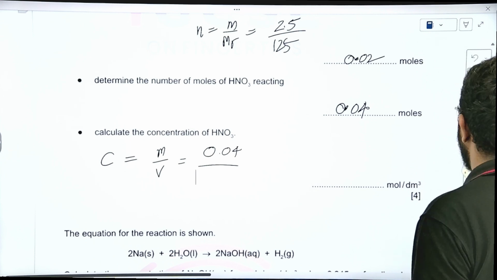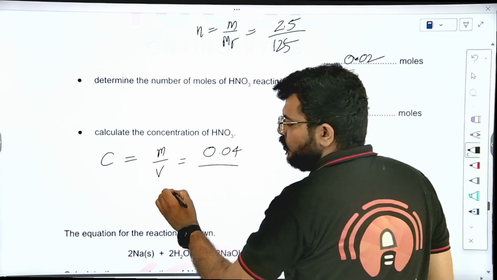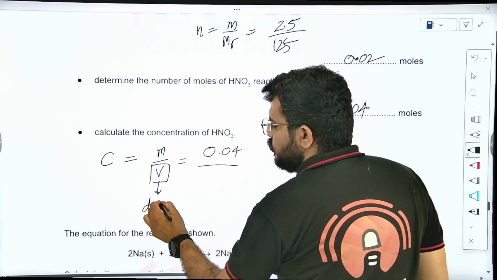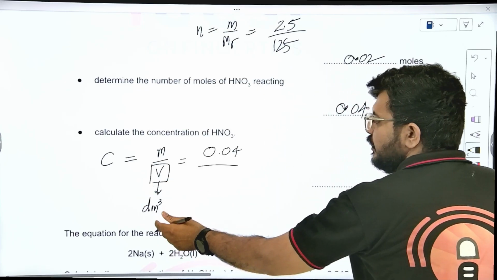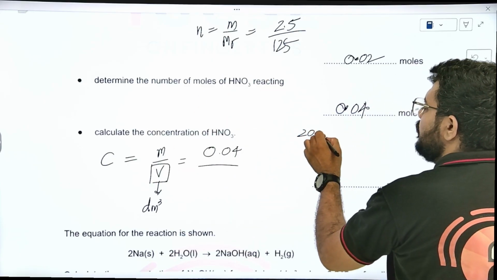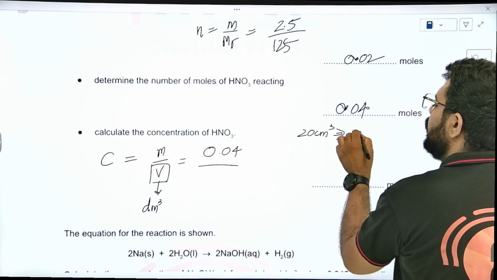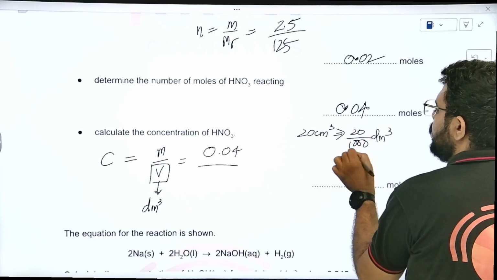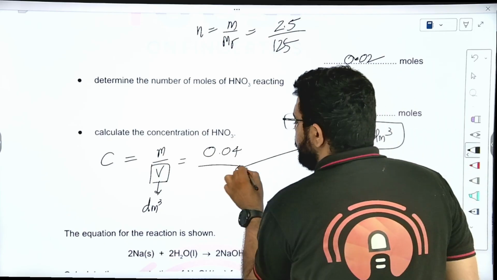Now, can I write 20 centimeter cube as it is? No. I need volume in dm cube. How do I do that? How do I take centimeter cube to dm cube? So 20 centimeter cube is equal to 20 upon 1000 dm cube. Take this, replace it over here.